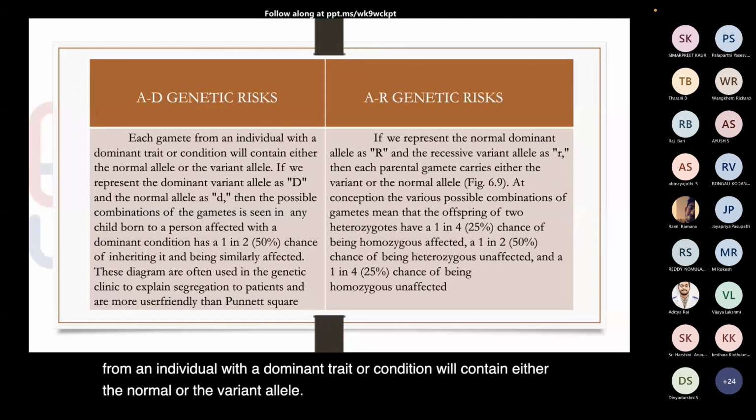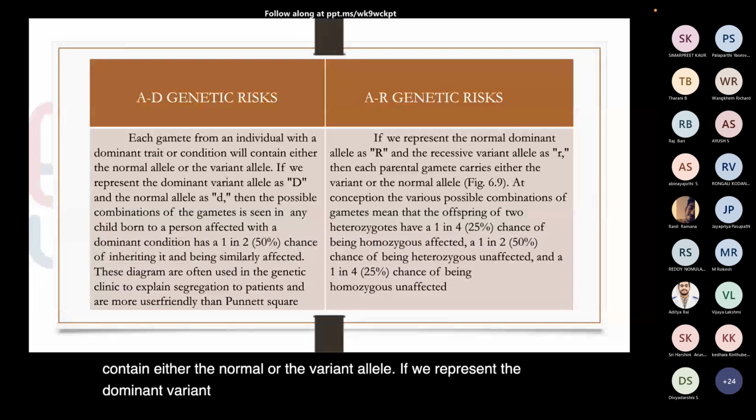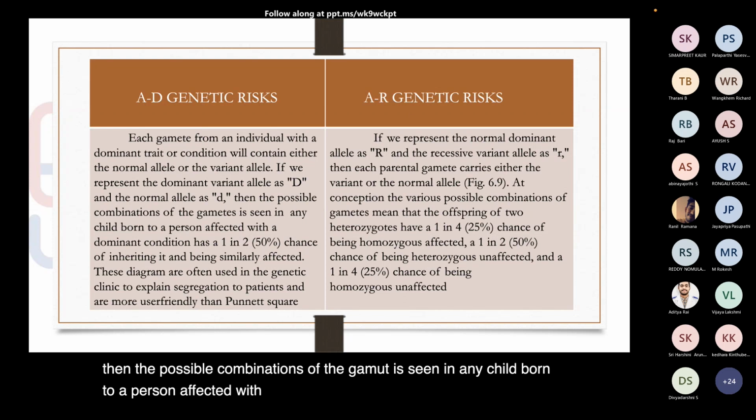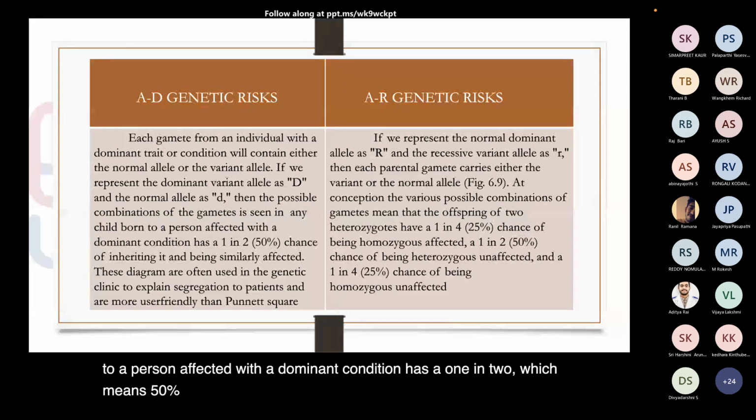If we represent the dominant variant allele as capital D and the normal allele as small d, then the possible combinations of the gametes are as seen. Any child born to a person affected with a dominant condition has a 1 in 2, which means 50% chance of inheriting it and being similarly affected.